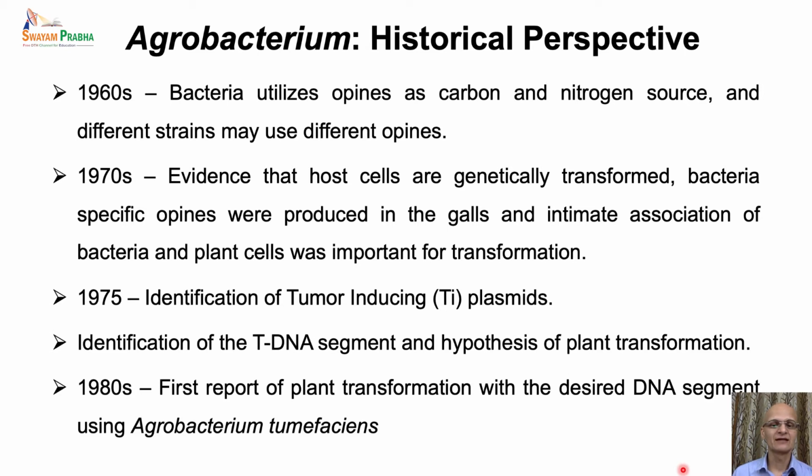In fact, in the early 1980s itself, the first report of plant transformation with the desired DNA segment using Agrobacterium was published, and since then we have come a long way in this field where Agrobacterium is used as a plant genetic engineering tool.